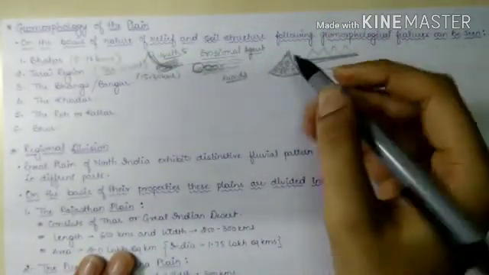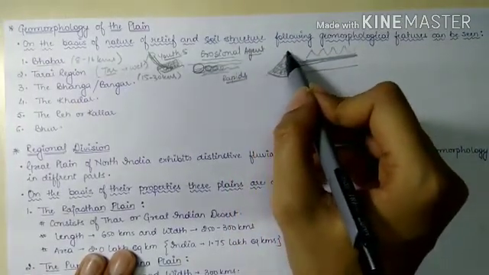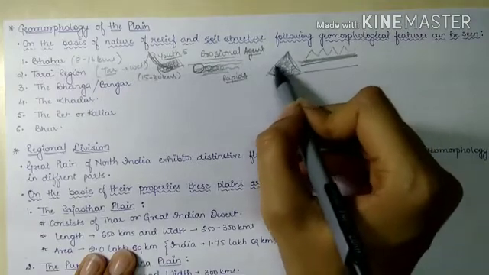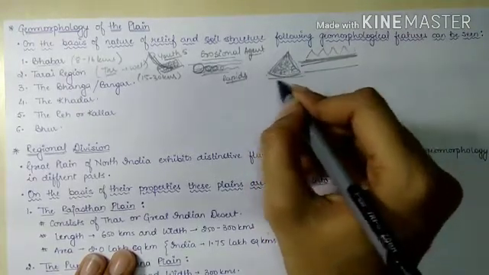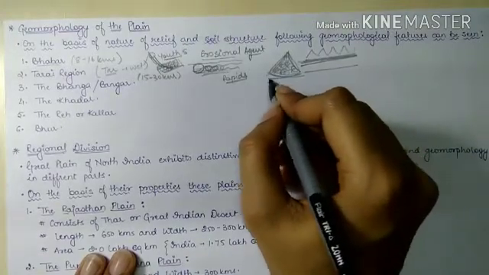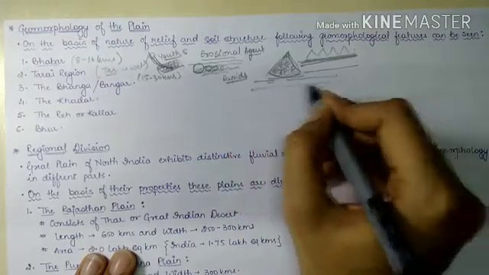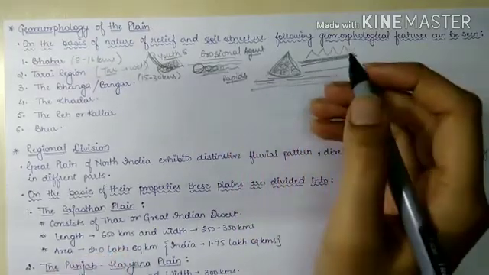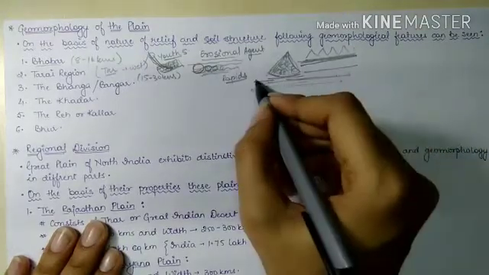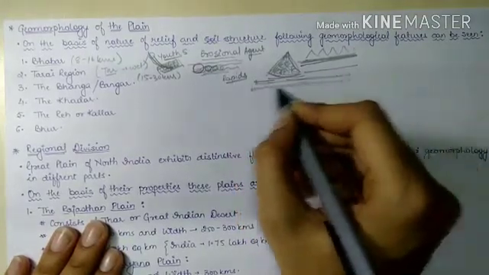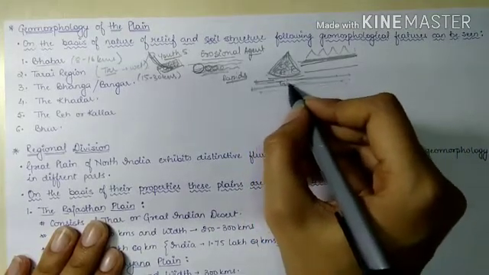So what happens after this? After the river crosses the Bhabar region, its speed slows down. As soon as it enters the plain, it spreads. This area, where the depth of the water is shallow and the width is great, is known as the Tarai region.